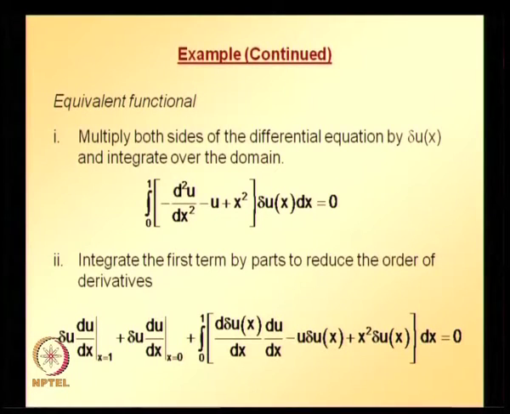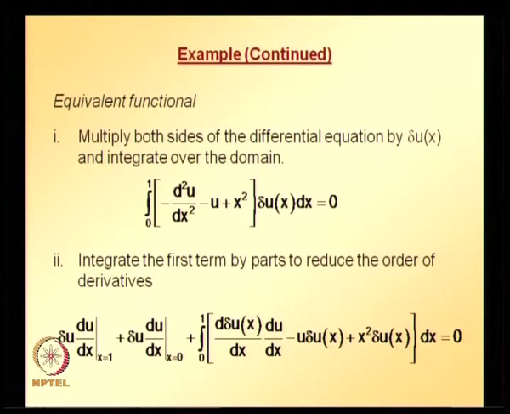The second step in obtaining the equivalent functional is, for any term which has a higher derivative, to use integration by parts and reduce it to lower order derivatives. If you see this equation, the first term has the second derivative of u, so we can reduce this to the first derivative of u by applying integration by parts to the first term.